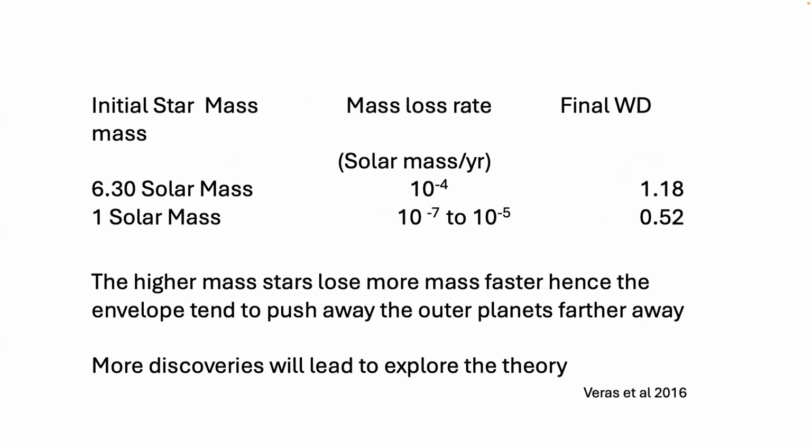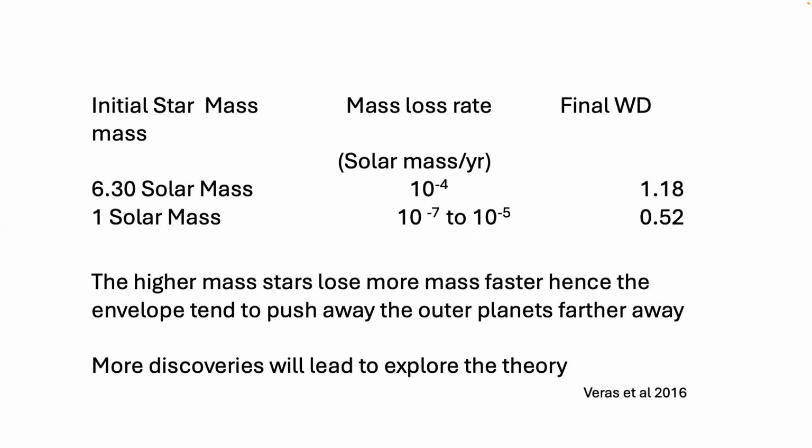We find that as the initial mass of the star goes up, the mass loss rate goes up. And if there's a higher mass loss rate, then when the star ejects the envelope, it's more likely to push the outer planets even further away.